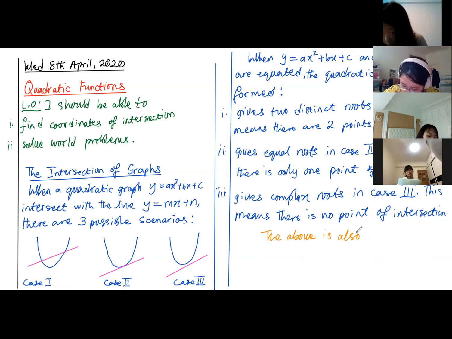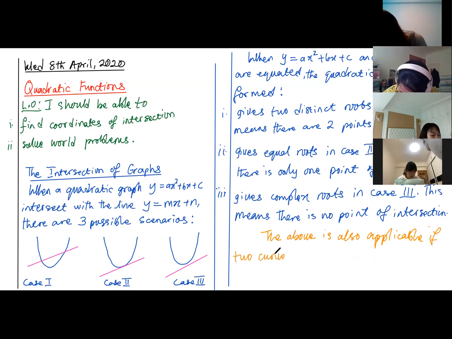So the above is also applicable if two curves intersect. If we have two curves, sorry, my bad, because what if they do not intersect? If we have two curves.